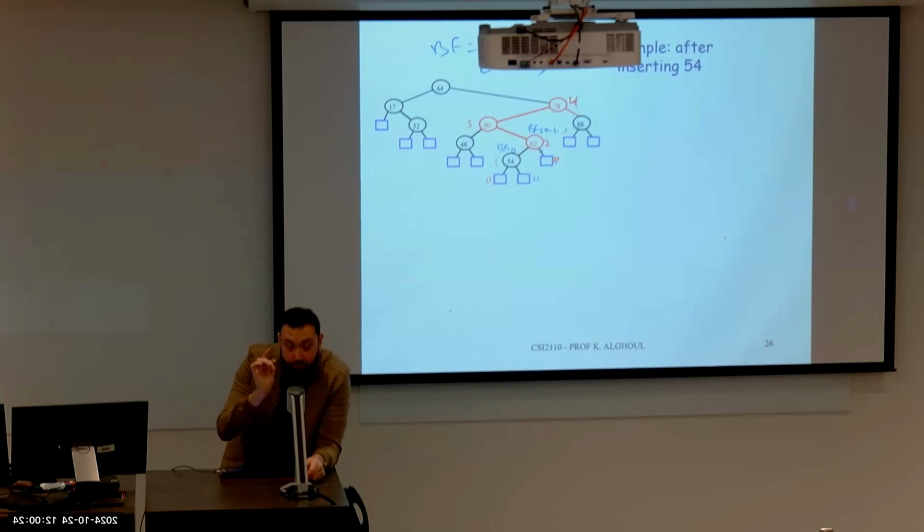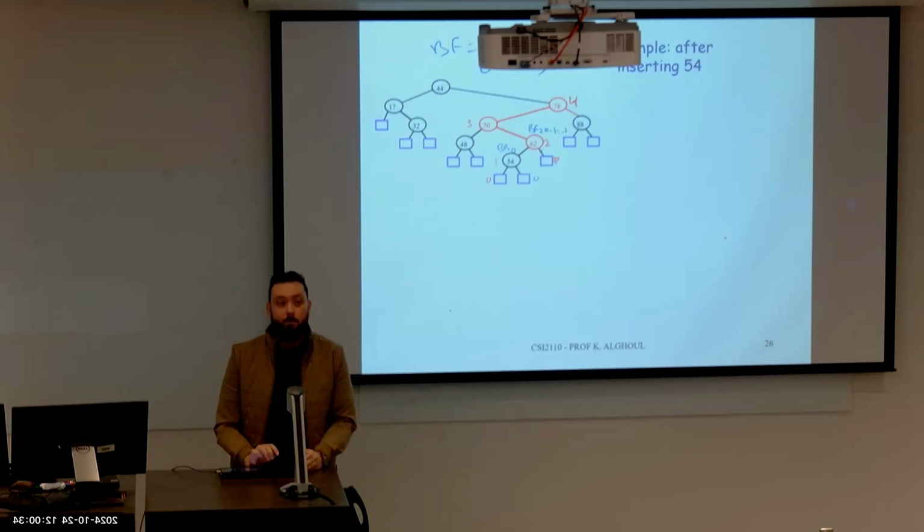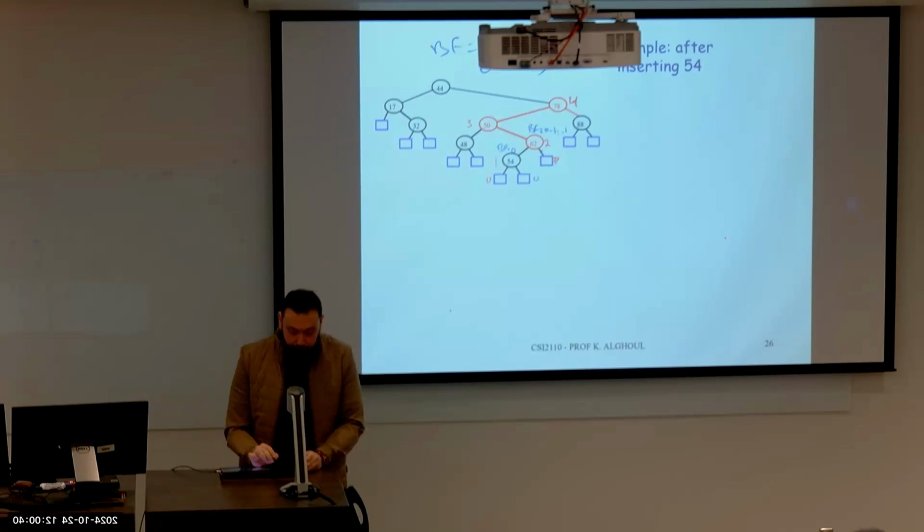What is the balancing factor of 50? Who wants to do it? 50. James? So what we would do is find the left node is 48 and has a height of 1. Very good. We take 62 and it has a height of 2, as we see.